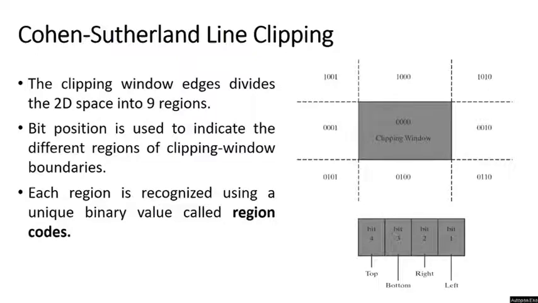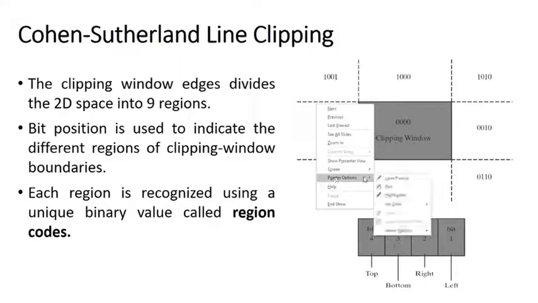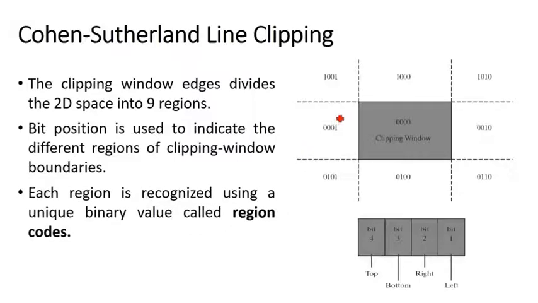The Cohen Sutherland line clipping algorithm is actually quite fast in clipping. The reason is that we make use of bitwise operations extensively in this algorithm. To start with, consider this is my clipping window.